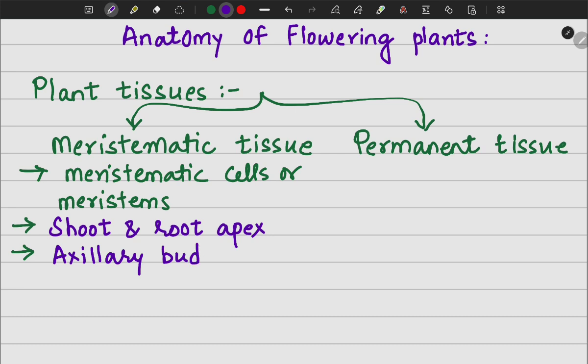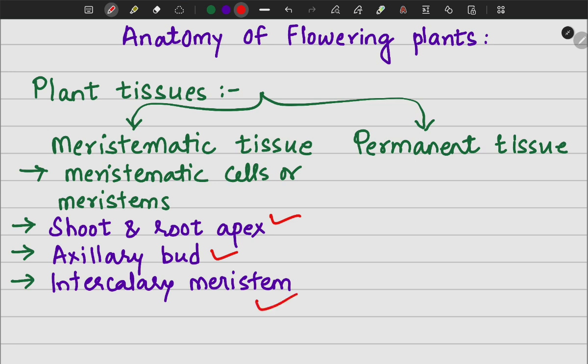And then the intercalary part, and they are called intercalary meristem. Alright, so these are the three types of meristems found in the plant body: the root and the shoot apical meristem, axillary bud meristem, and intercalary meristem.